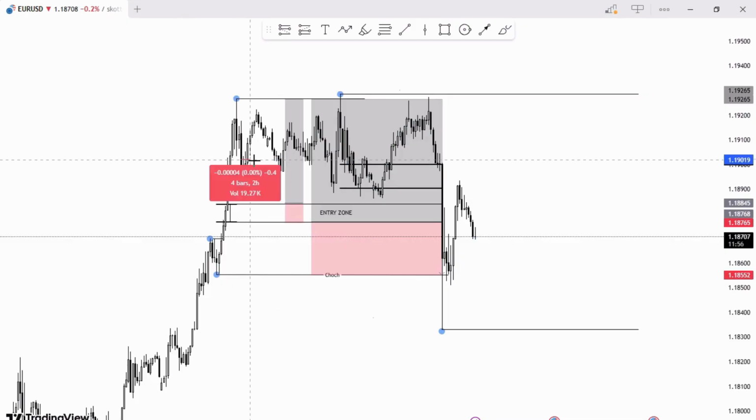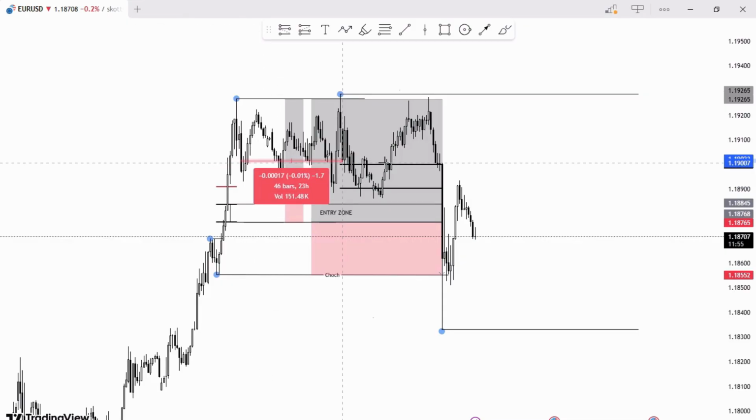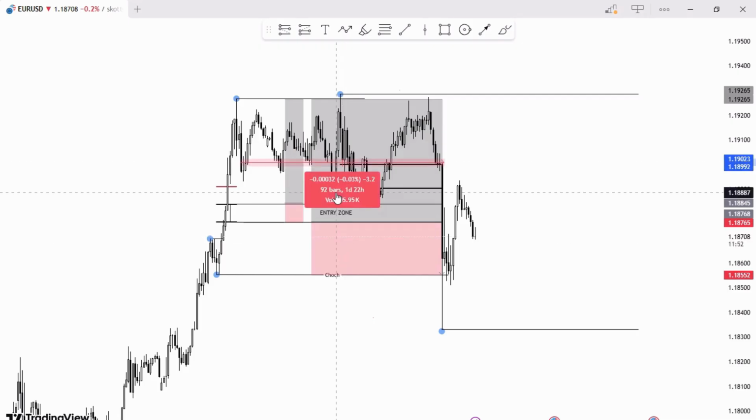I had to wait a day and 22 hours, almost 2 days, of monitoring price action, waiting for price to trade below this equilibrium price and then tap into our entry zone. Always make sure your patience is intact, because I could have easily been tempted to trade, because for a whole full day I didn't have any trading setup. But because I have a strategy that is solid, a strategy that I believe in, I had to wait.